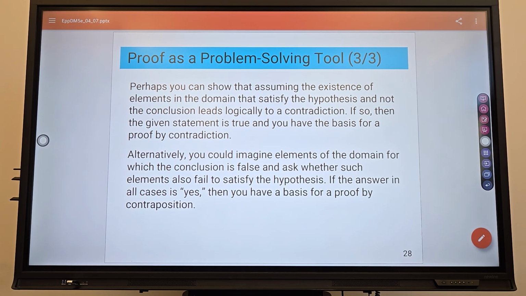If so, then the given statement is true and you have a basis for a proof by contradiction. Alternatively, you can imagine elements of the domain for which the conclusion is false and ask whether such elements also fail to satisfy the hypothesis. Then you have the basis for a proof by contradiction or contraposition.